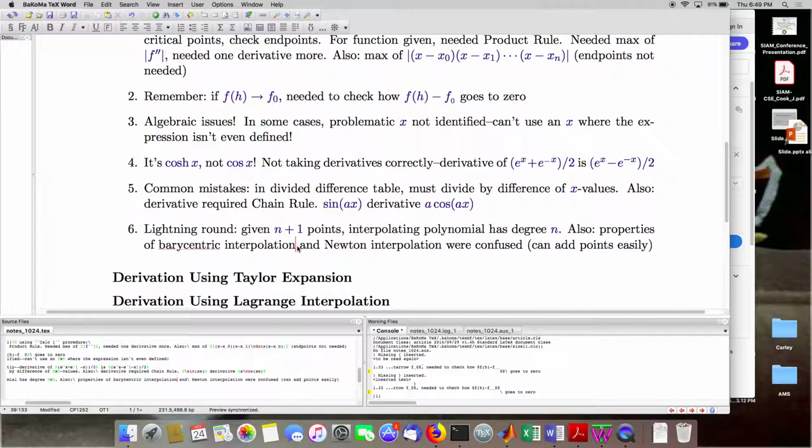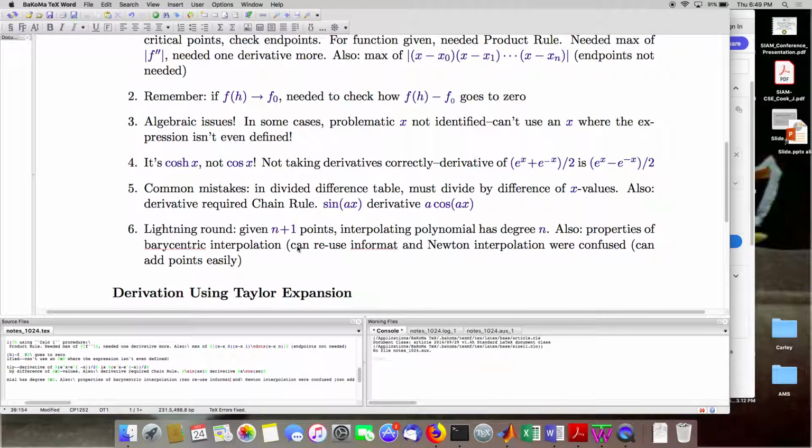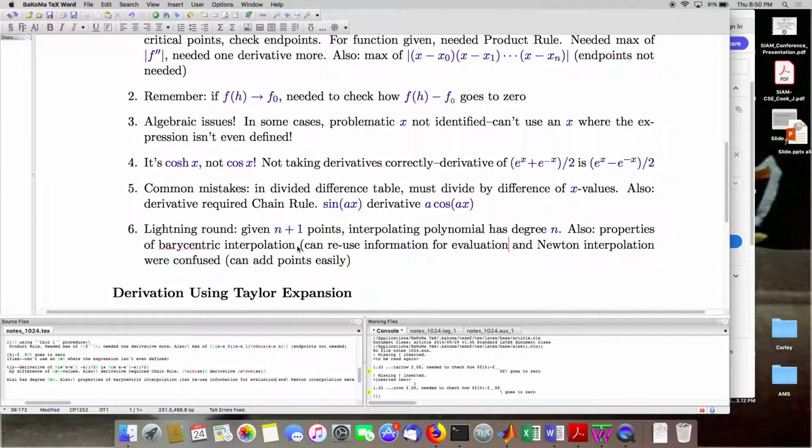Barycentric, since it's a form of Lagrange, adding points is more tedious, but it does have the advantage over Lagrange that you can reuse information for evaluation of your interpolating polynomial to cut down on what you need to do, as opposed to just using ordinary Lagrange polynomials directly.